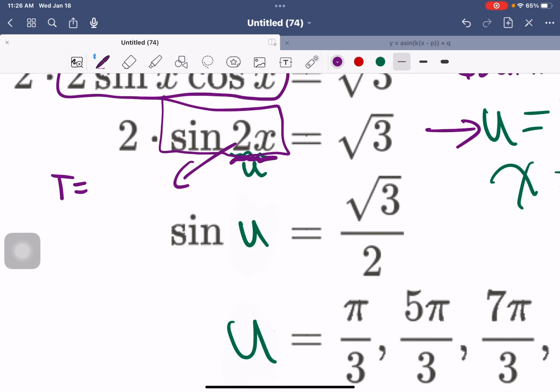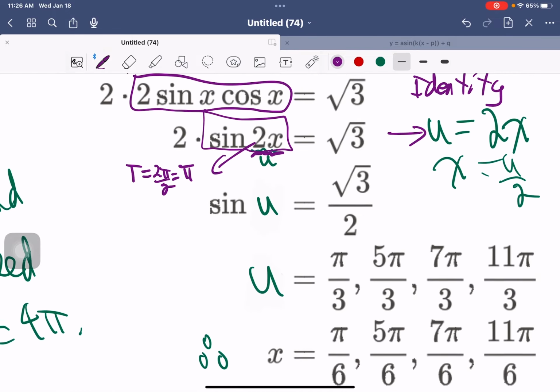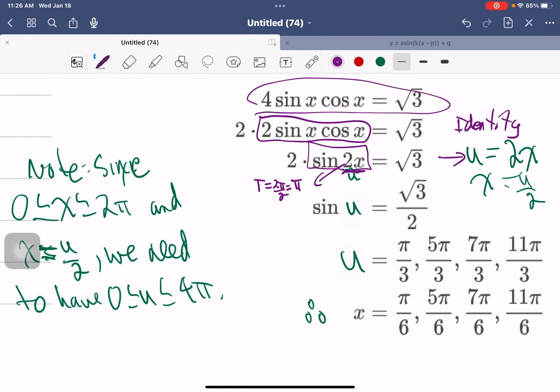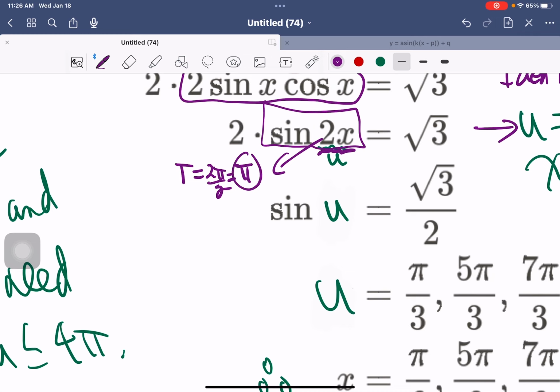The period is going to be 2 pi over k. So 2 pi over 2, which is pi. So since the period is just pi, I'm going to need to have twice as many solutions.